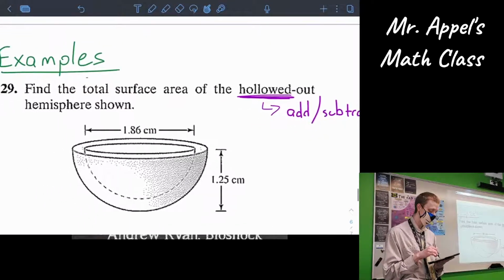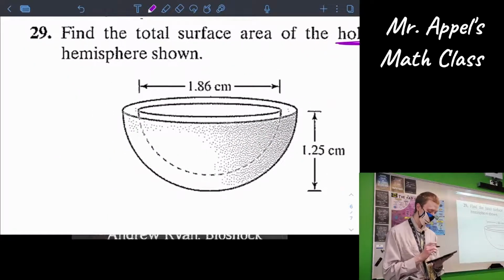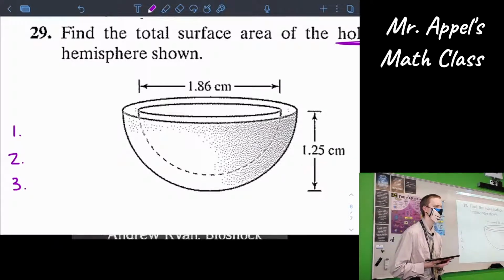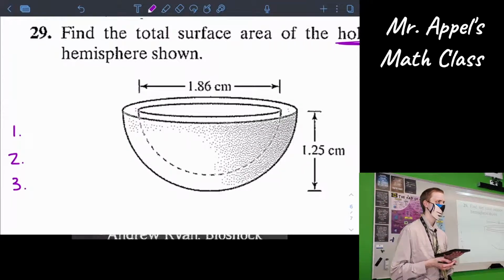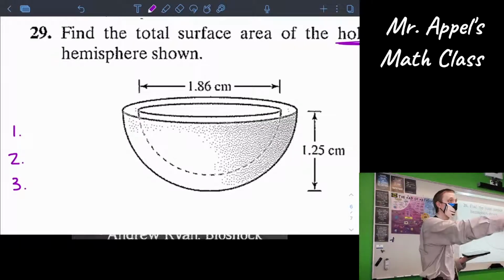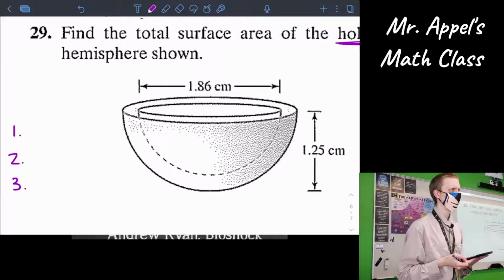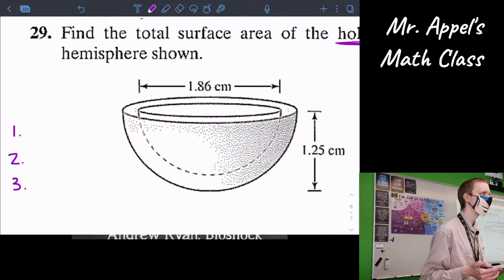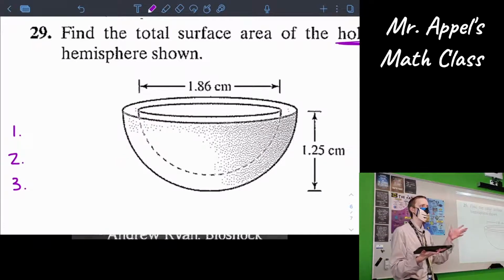So, with that in mind, if we were to find the surface area of this hemisphere, what pieces will we need? Just describe them. Don't be specific. What's one part that we're going to have to add up here? The height? The height is one surface. Give me like a side, right?